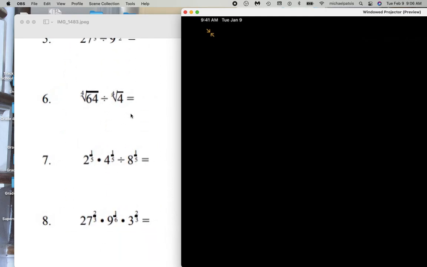Let's do one more. Okay, we have the 4th root. Again, radical first, then the root, divided by.